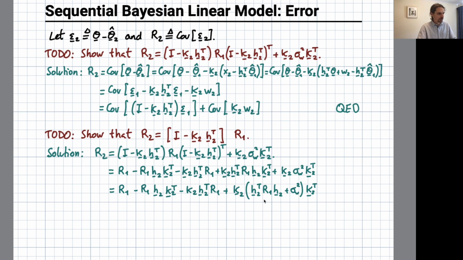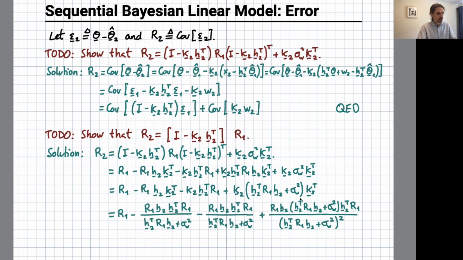So if we just substitute that definition here, this is what we obtain. Here we can cancel one of these terms in the denominator with this term in the numerator, and we can also take common factor R1 to the right, and note that this term and this term will cancel.